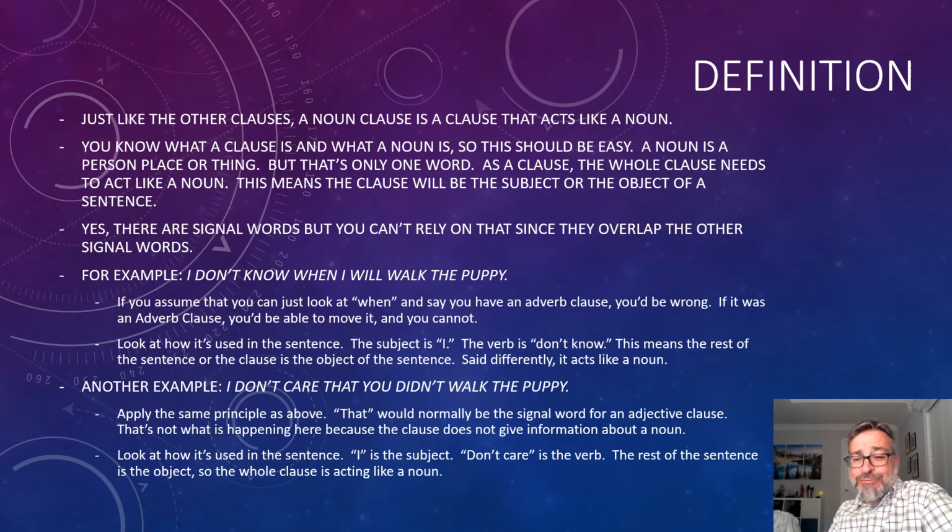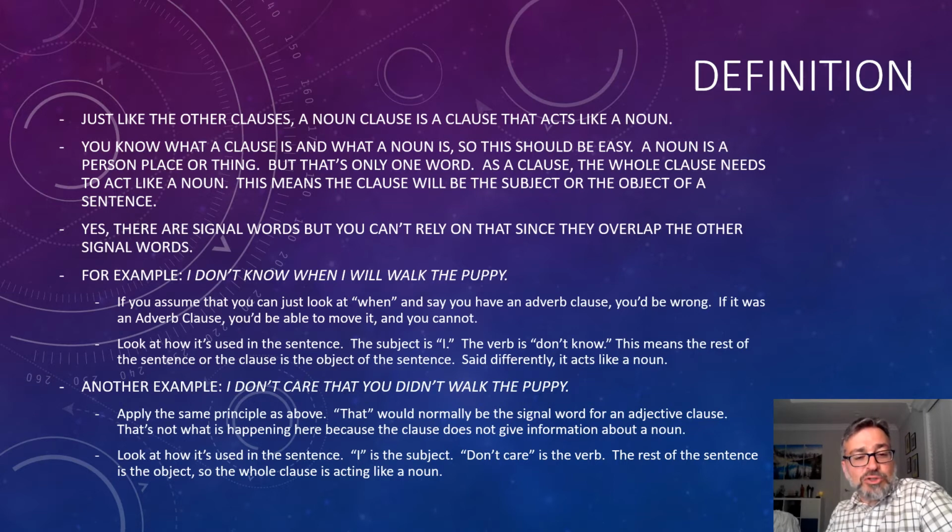Remember when we talked about adverb clauses, and some of you are going to go back and revisit what we talked about now that we're talking about different types of clauses. But one of the things I told you about adverb clauses is you could move them. And clearly you can't move this. When I will walk the puppy, I don't know. No, that's not going to work. So it's not an adverb clause.